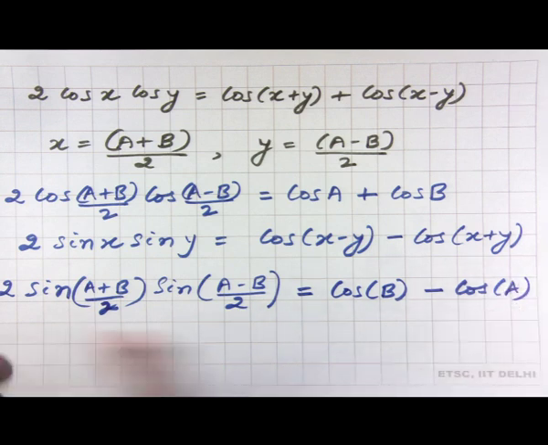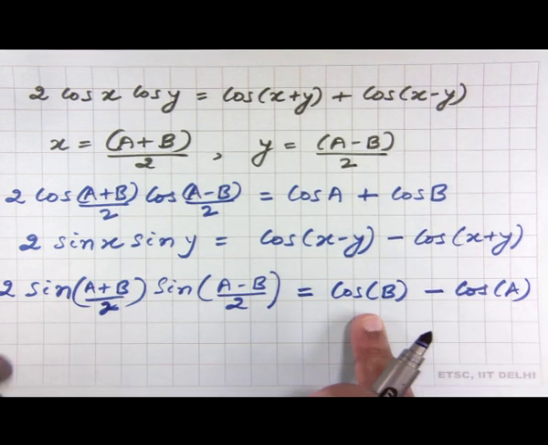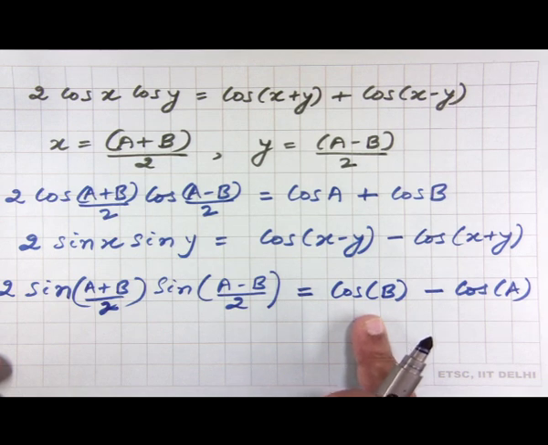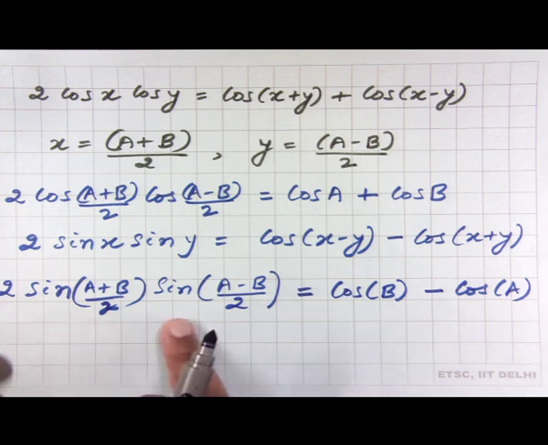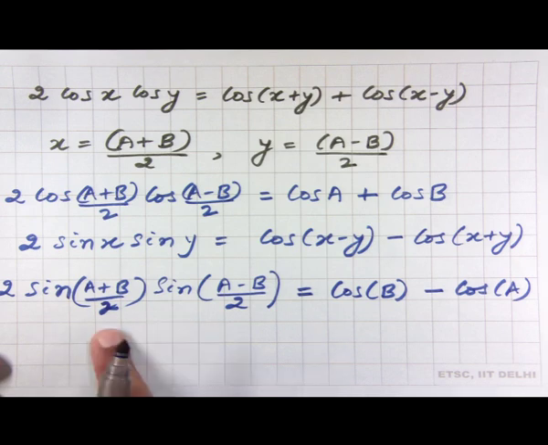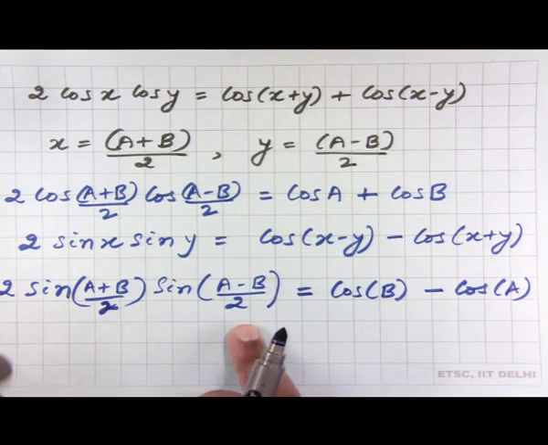So, this formula again gives you a way of expressing the difference of the cosine of two angles as a product of the sines of half of the sum and half of the difference of those two angles.